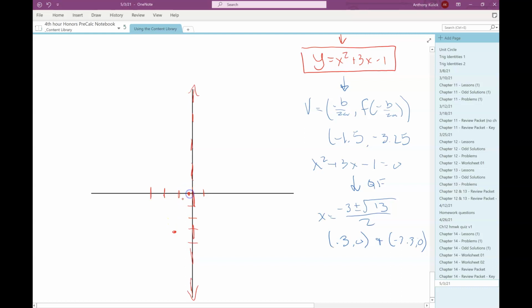Negative 0.3 and then negative 3.3. So there's my other asymptote, or my end behavior asymptote.